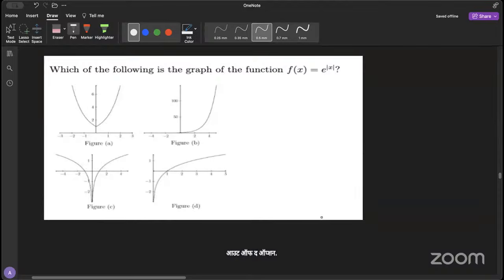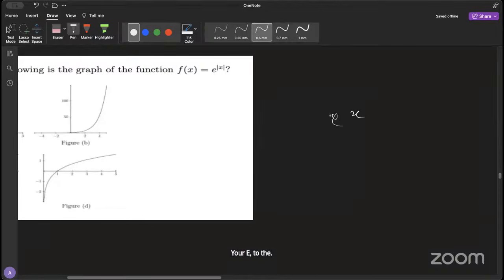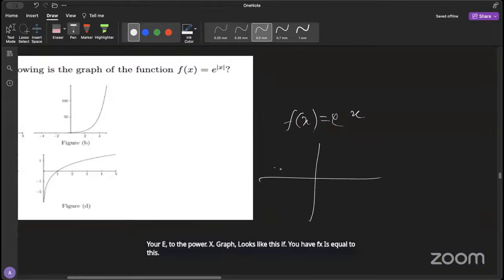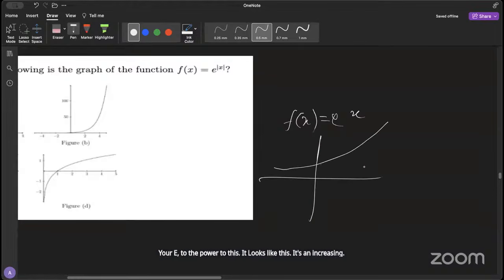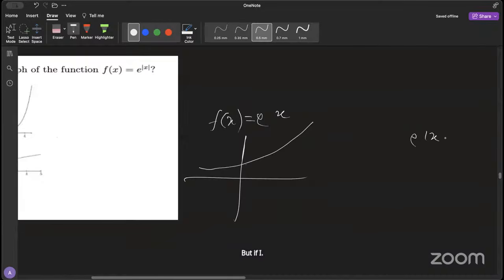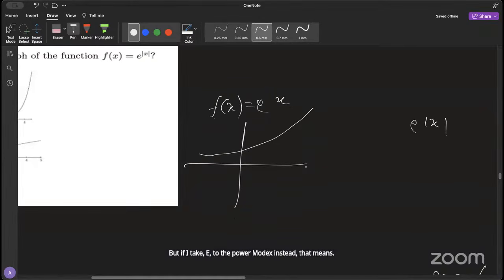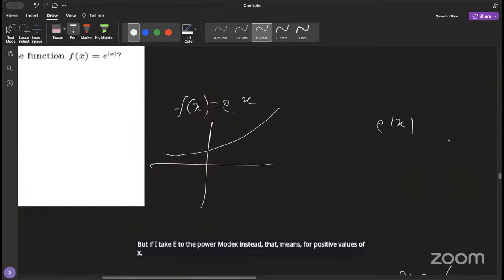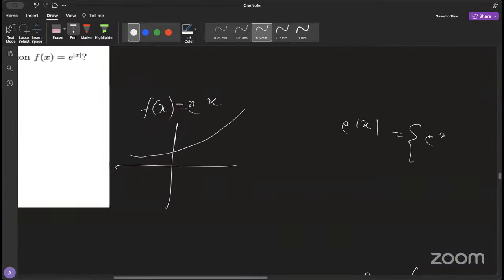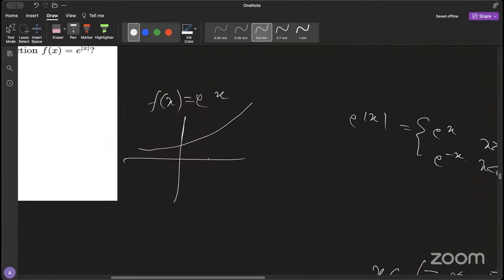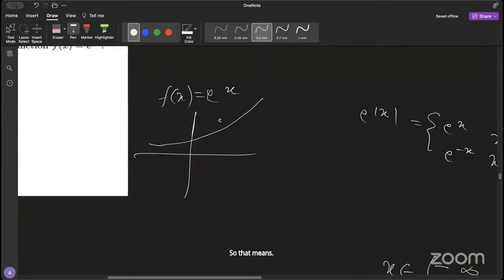So your e to the power x graph looks like this. It's an increasing function. But if I take e to the power mod x instead, that means for positive values of x, this is e to the power x when x is greater than 0. And when x is less than 0, this is equal to e to the power minus x, right? So this is the e to the power x curve, this is the e to the power minus x curve.